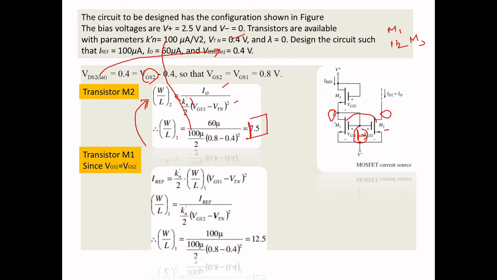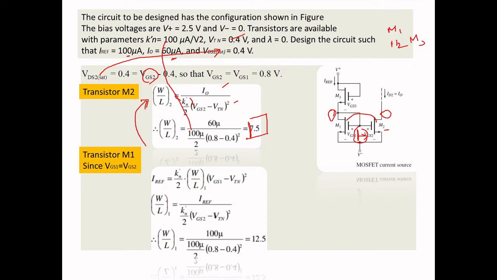Similarly, I want to find W by L for M1 also. See here, the main thing is we want to design for 100 and 60. That means the width by length ratios will not be equal, right? You want to understand that. So we are going to find the width by length ratio for transistor 1.